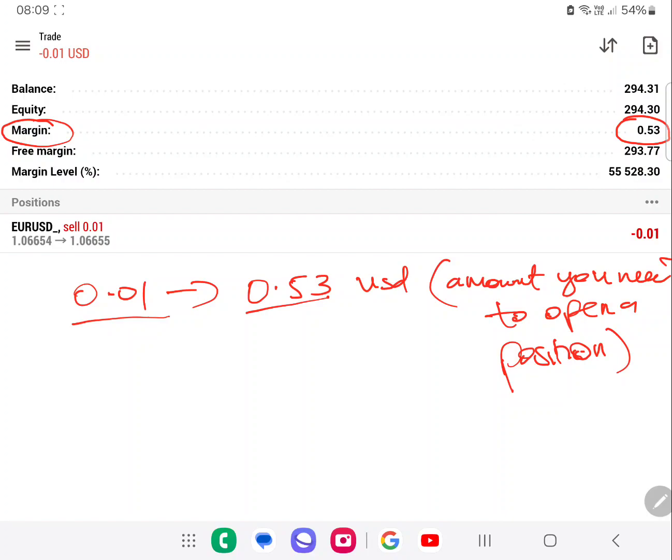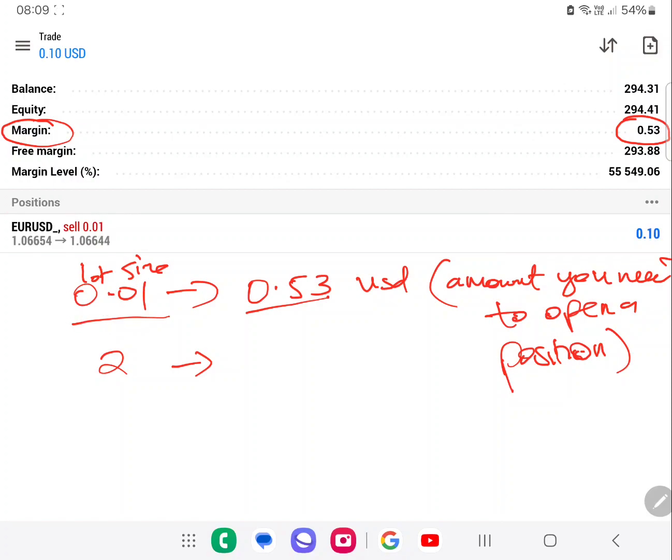Now with this analysis, let's say I want to open 200 positions of these. In other words, I'm talking about a lot size of 2. A lot size of 2 simply means I'm multiplying this by 200.